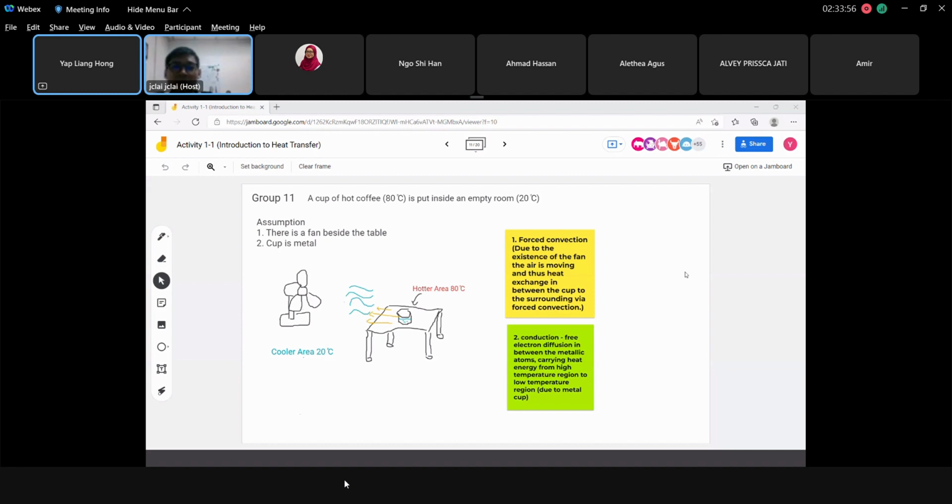Thank you, Priscilla. So in any heat transfer problem, remember where your reference points are. This is very, very important because your heat circuit diagram depends on your reference points.